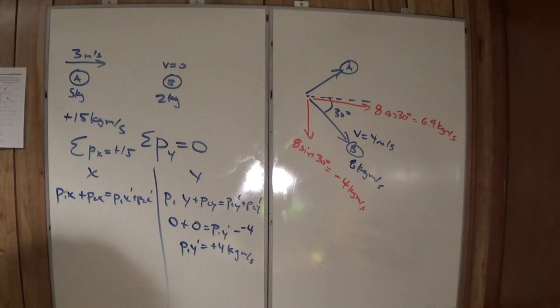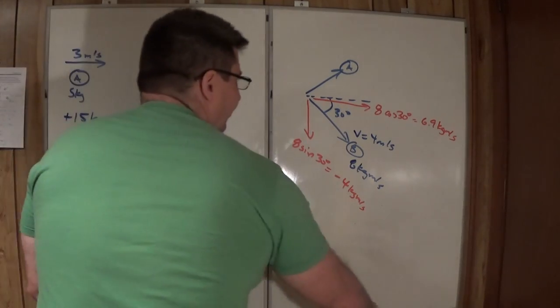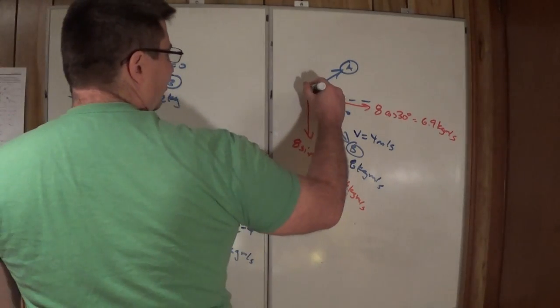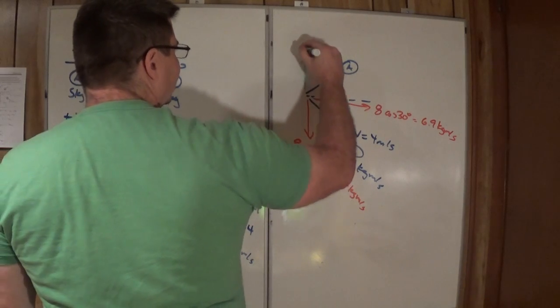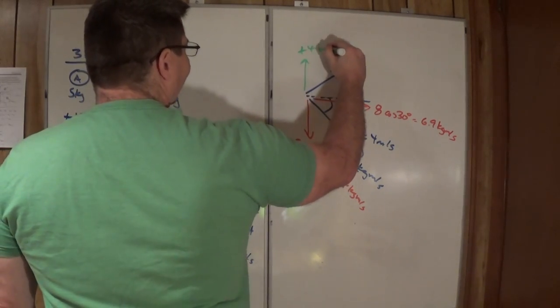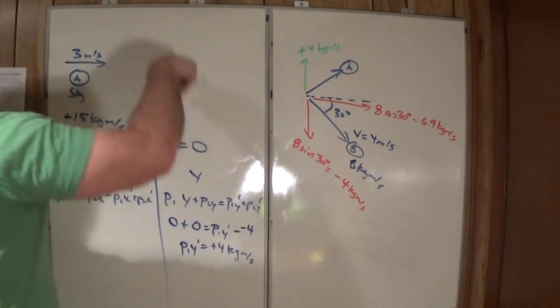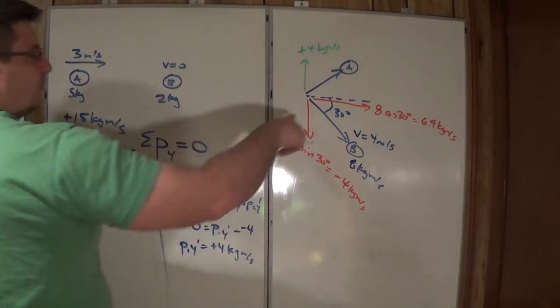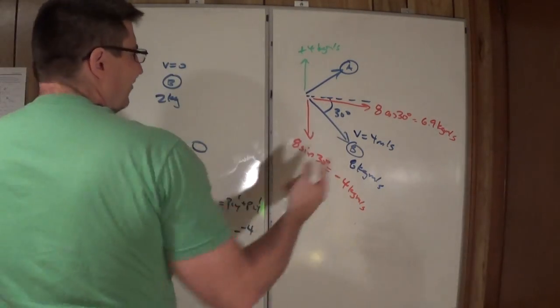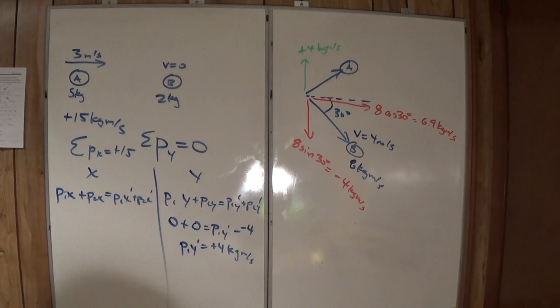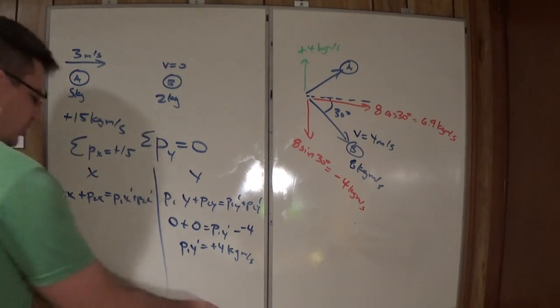That's as we would expect. The northward component of this guy's momentum must be plus 4, because we had 0 y momentum to start with, so we have to have 0 y momentum after the collision total.